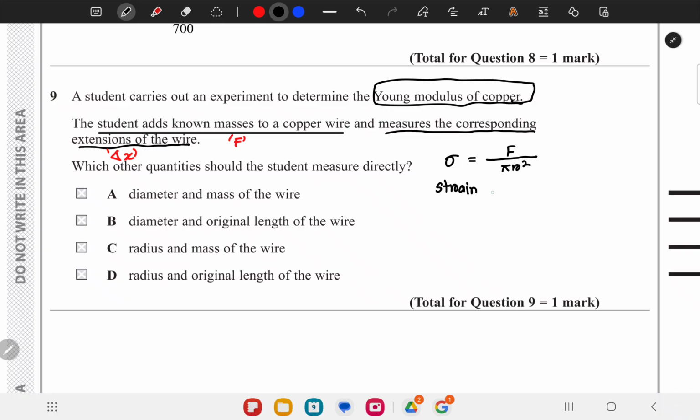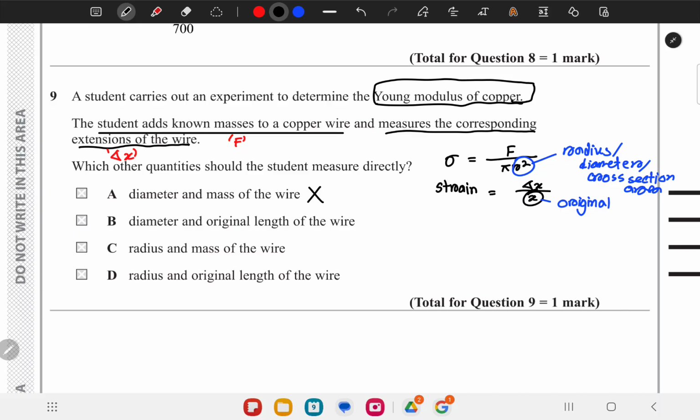And for strain, I'll have to find del x by x, where x is the original length. So I need the original length and I need either the radius or the diameter or straight up the area. So any three of them and the original length.